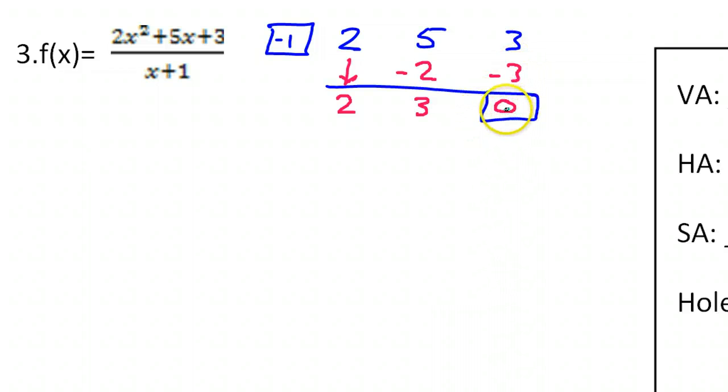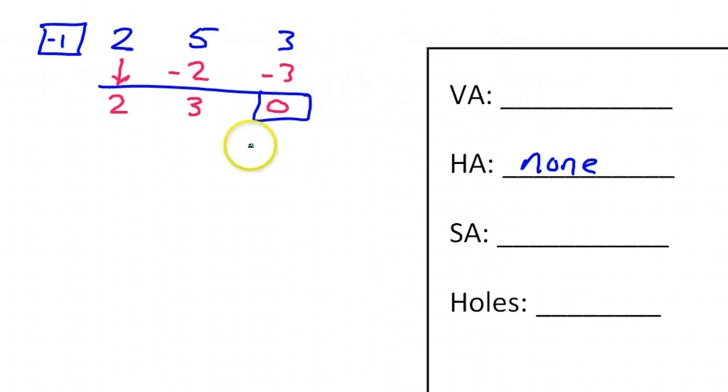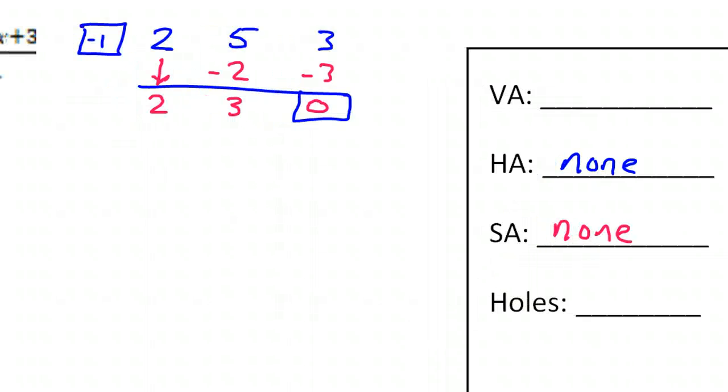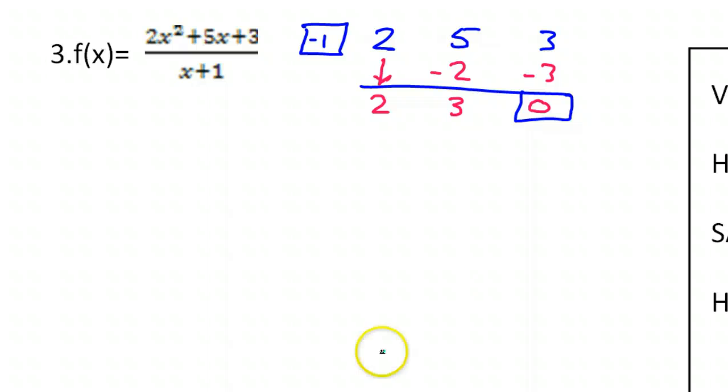That means no remainder. That means the x plus 1 is going to factor out. It's going to cancel out. So that means there will be no slant asymptote. So as soon as I see the remainder is 0, I can go ahead and put none for the slant asymptote.